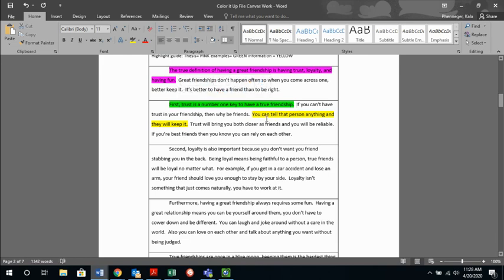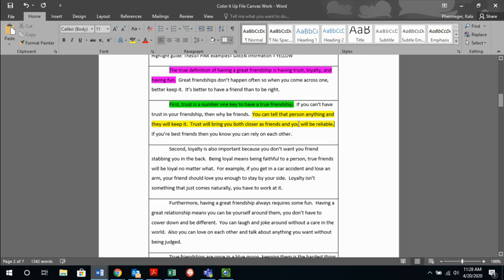He says, you can tell that person anything and they will keep it. That's part of the trust that he's talking about. He also says trust will bring you both closer as friends and you will be reliable. This would also be considered as important information because he's adding to this topic sentence with important ideas that he has. And then he says, if you're best friends, then you know you can rely on each other.